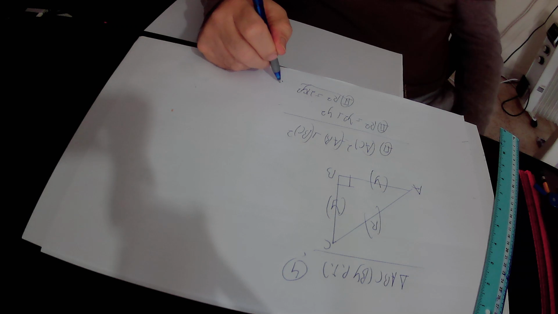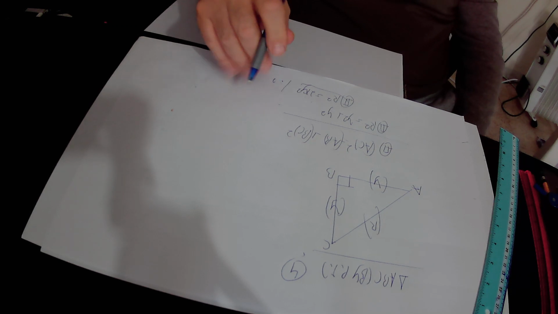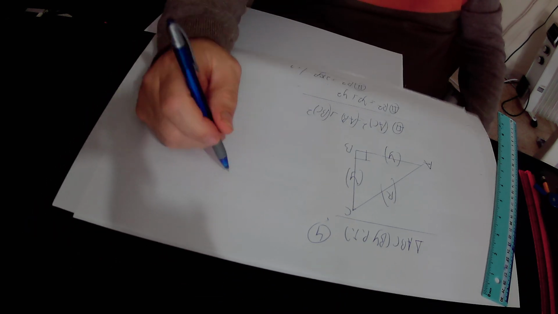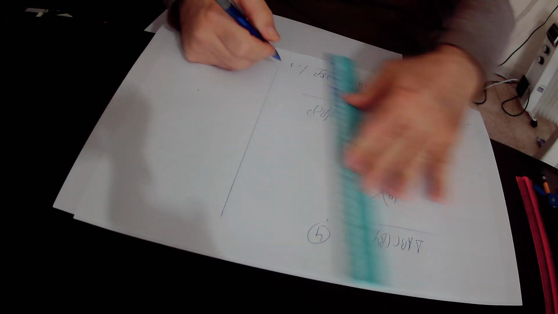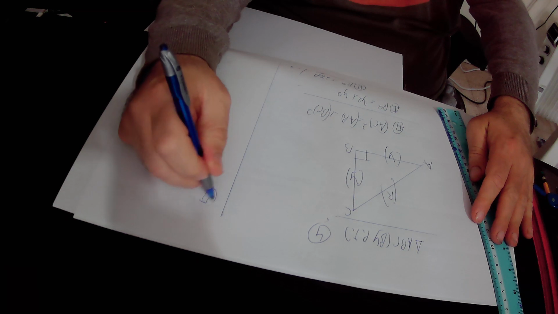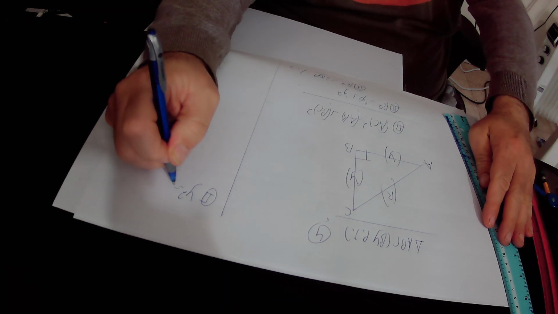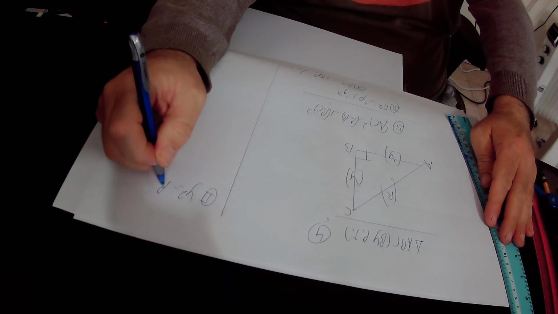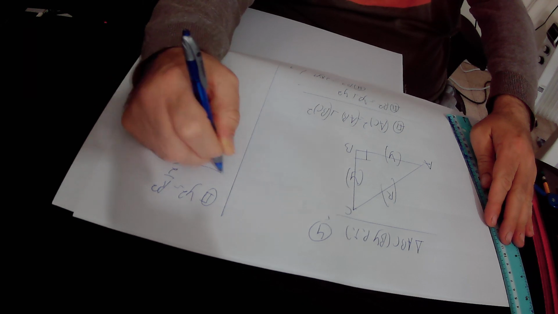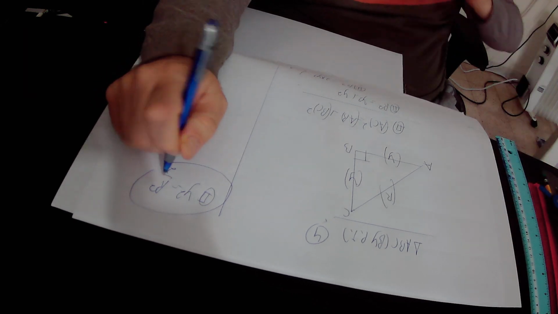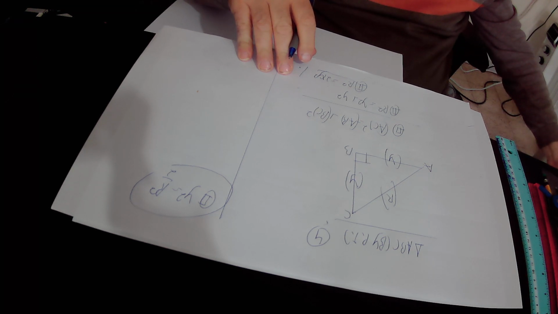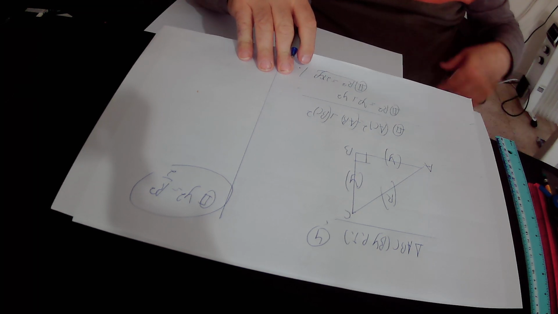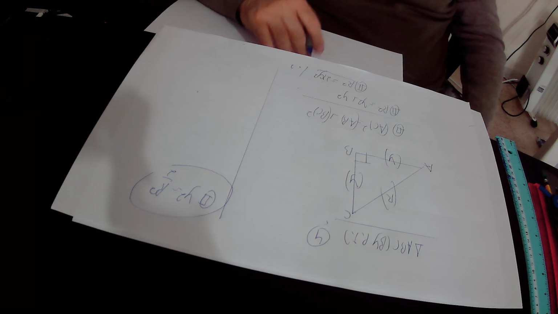We divide this equation by 2 and finally we get that according to equation 2, Y square equals to R square over 2. This is according to equation 2.